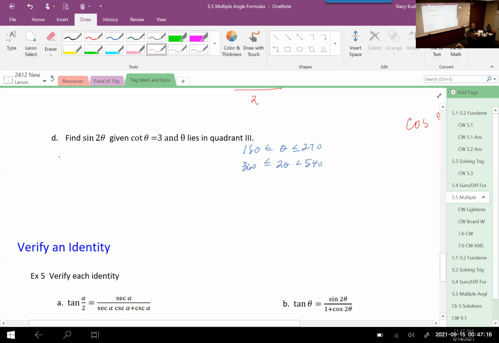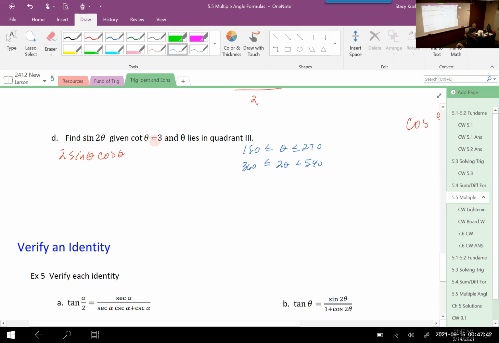Sine 2 theta is 2 sine theta times cosine theta. All right, we all agree with that? So I'm going to use what I know about cotangent theta to be able to write sine and cosine.